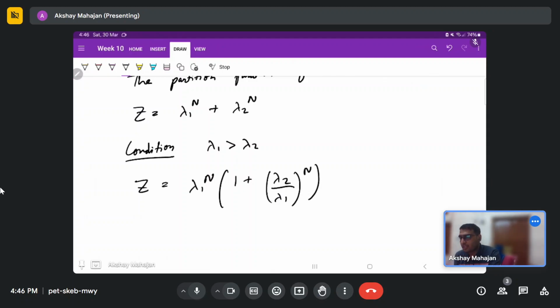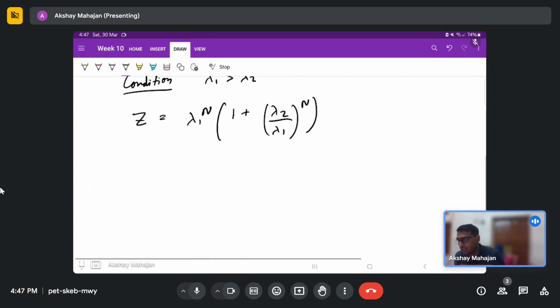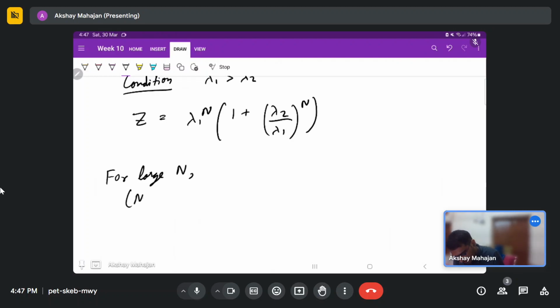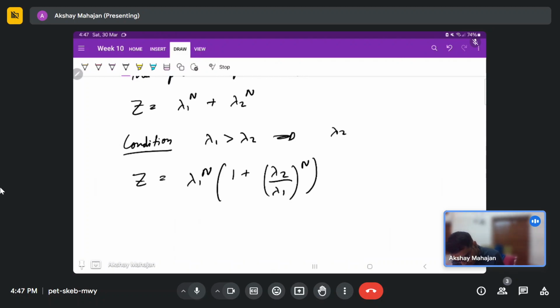Okay, now also we have to consider that n tends to infinity limit. Now for large n, which is given to us like n tends to infinity, first of all let me just mention that lambda 1 is greater than lambda 2, that means lambda 2 by lambda 1 is less than 1. Okay, so this we already have.